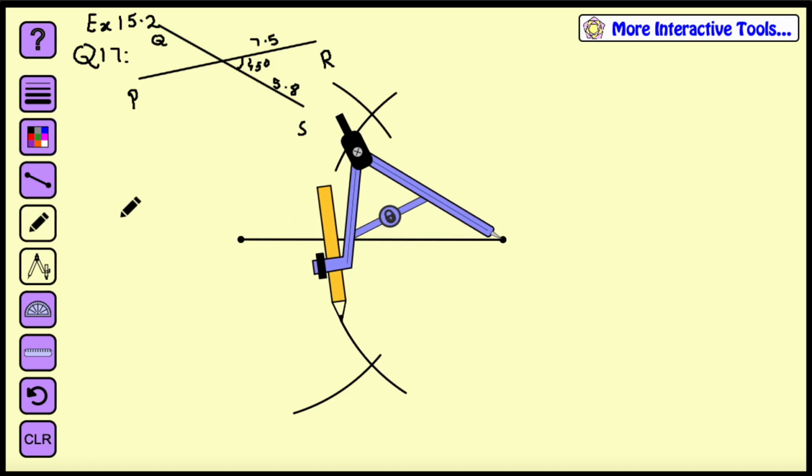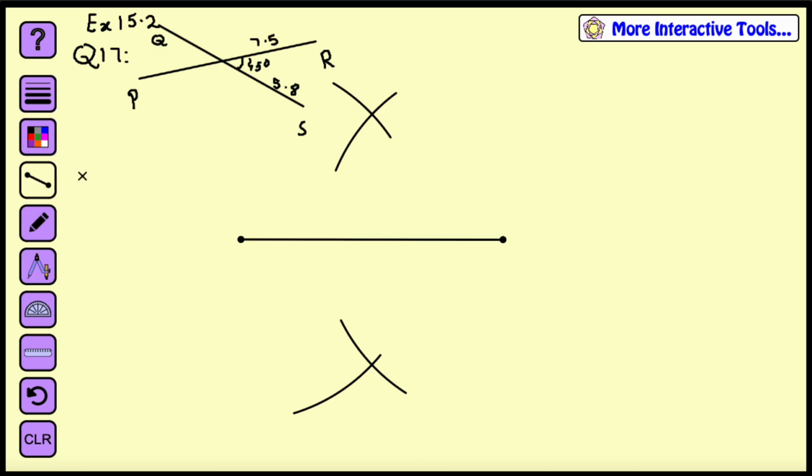Now this point is the middle point, the center of PR. This one is the center of PR and PR is 7.5, that means this one will be 3.75.